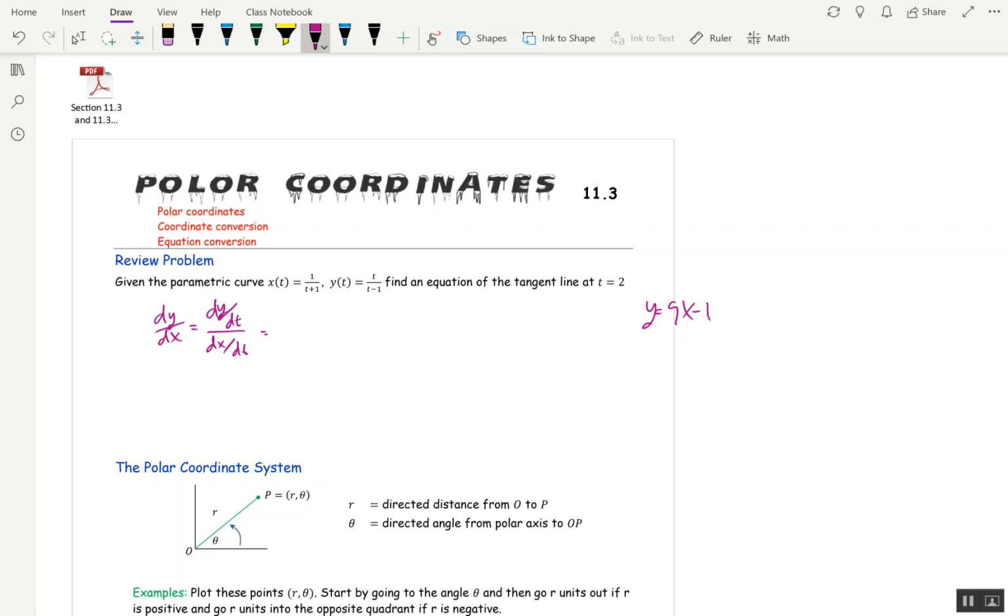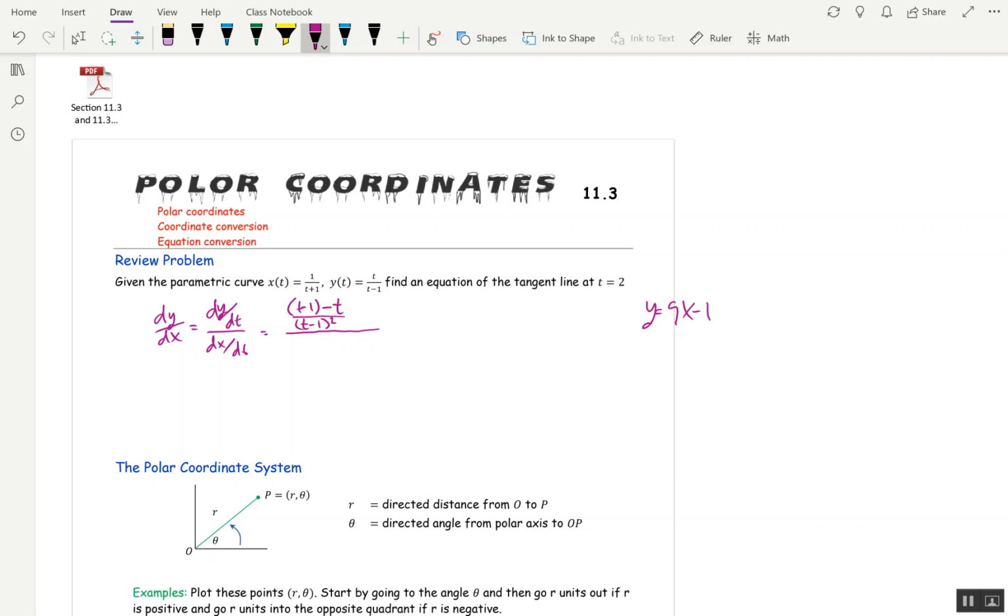Now for dy/dt, we need the quotient rule. So I want the derivative of the top, which is 1, times t minus 1, minus the top times the derivative of the bottom, which is 1, divided by the denominator squared.